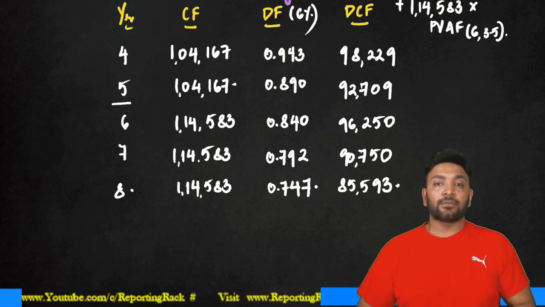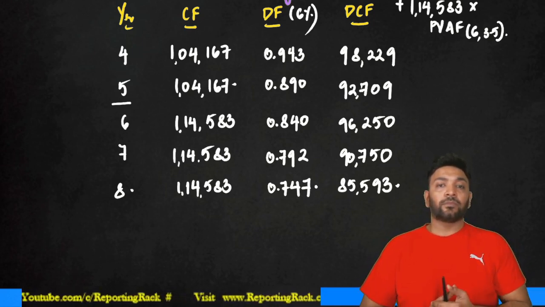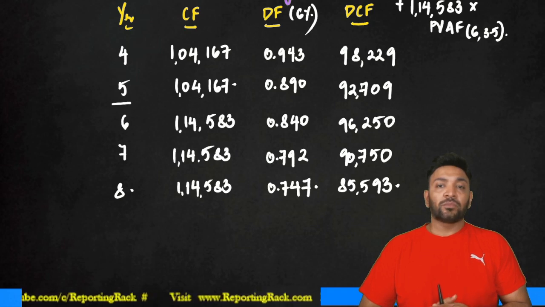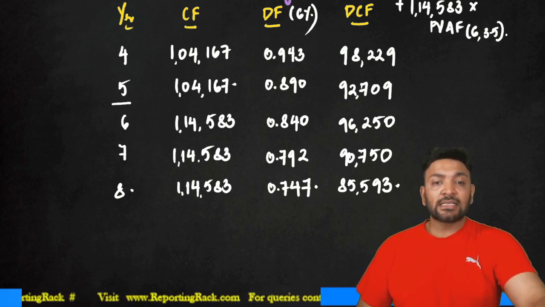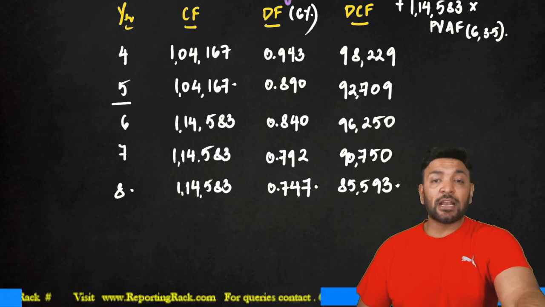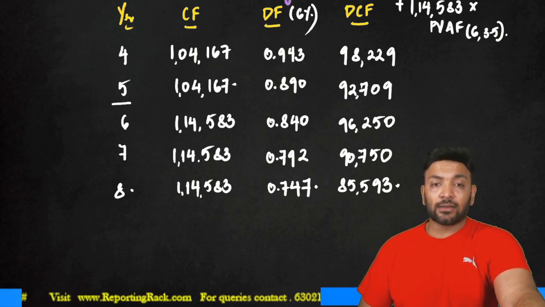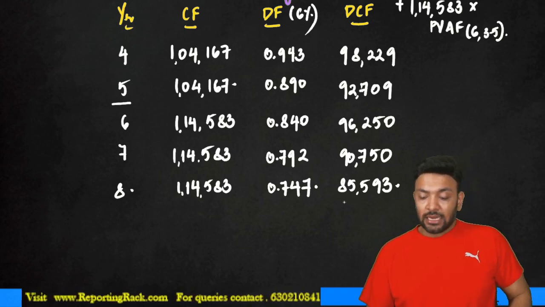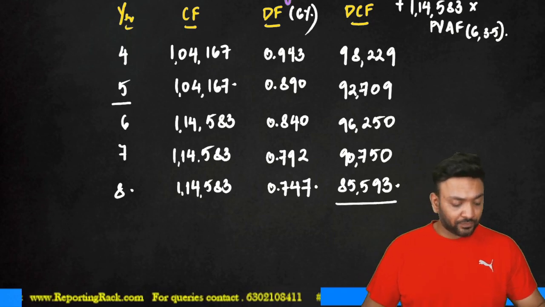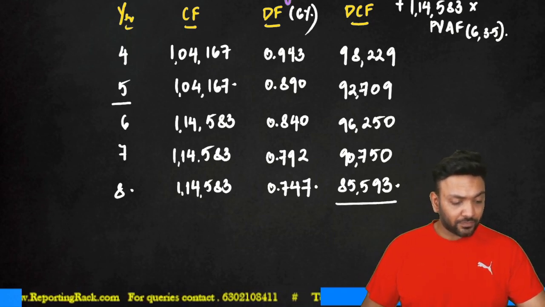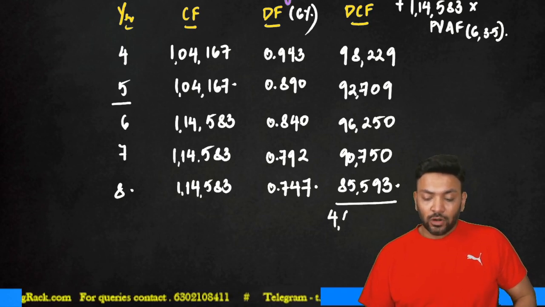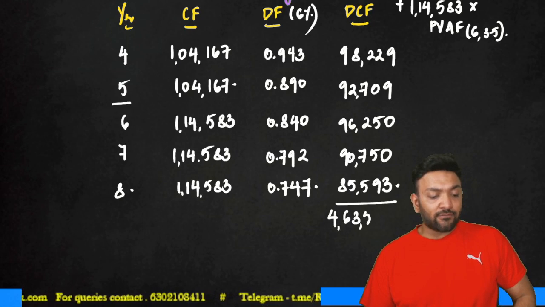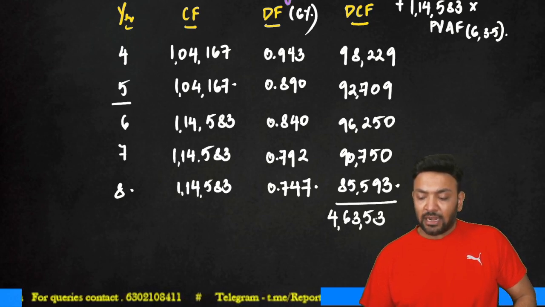Check. Yes, I'm assuming that the lease payments are made at the end of each year. Correct. Get me the total. 4,63,531 I get.